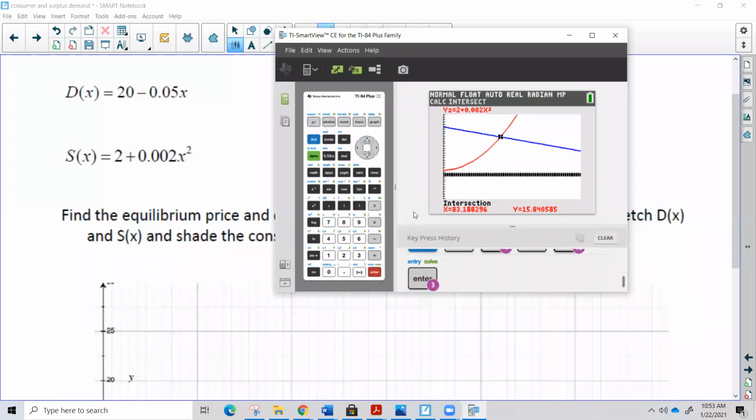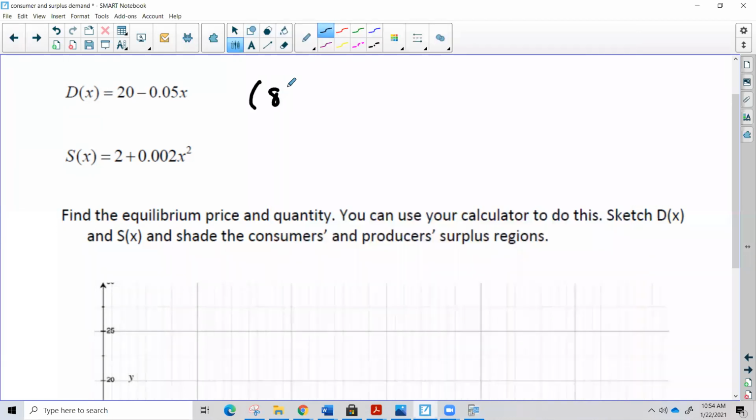Okay, so my intersection point is going to be 83.19 and 15.84. Okay, so this is my equilibrium point.